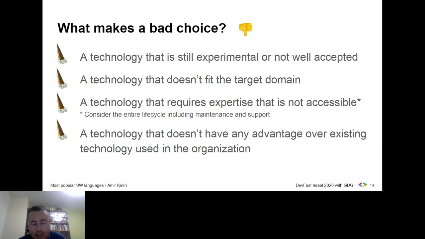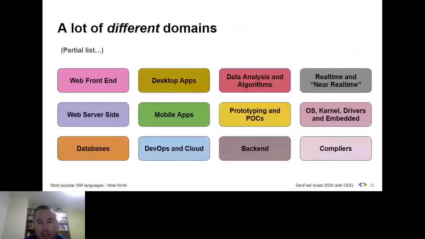This is a non-exhaustive list of domains. And each domain, in a way, needs its own thinking, its own picking of a language. Now, why do different domains need different languages? Because the language itself tries to capture the requirements of the domain.